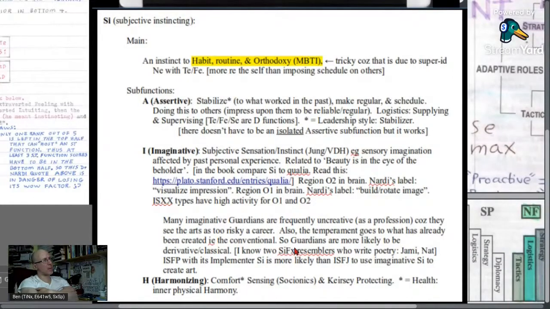It might be that ENFJ and ENTJ construct a memory from pieces, even when they're recalling it, so it's not recalled as a whole. That might be an aspect of the imaginative SI in ENFJ.